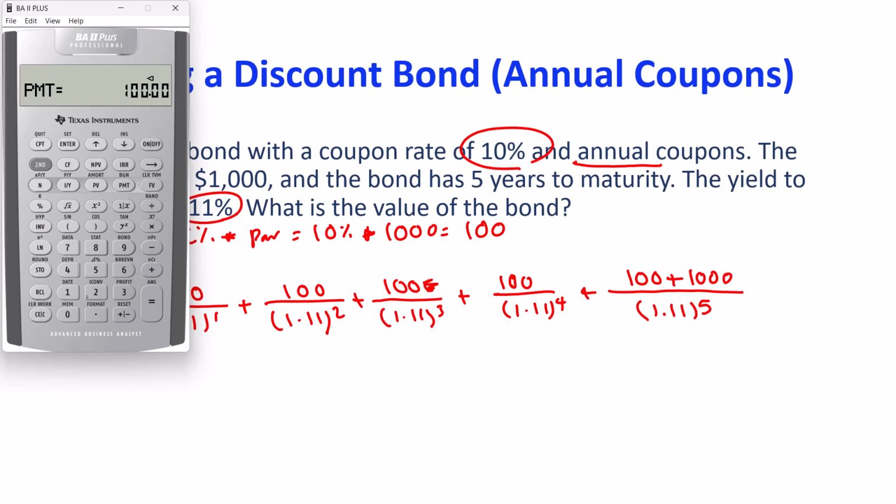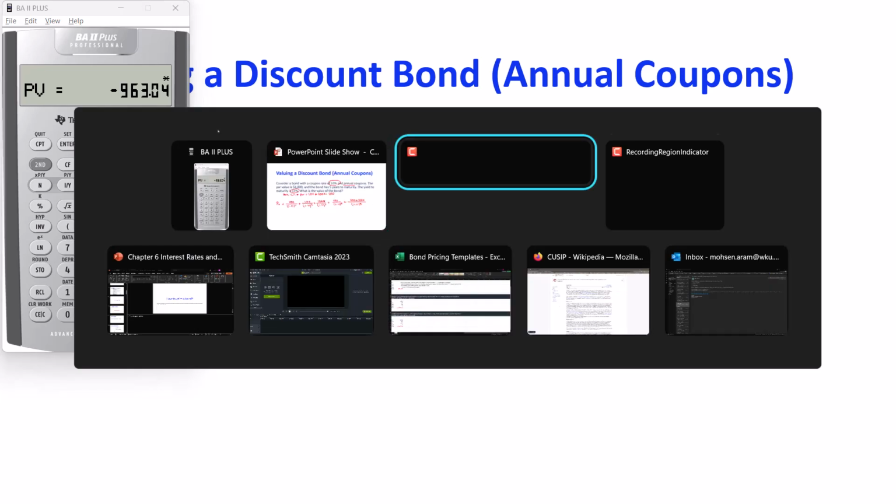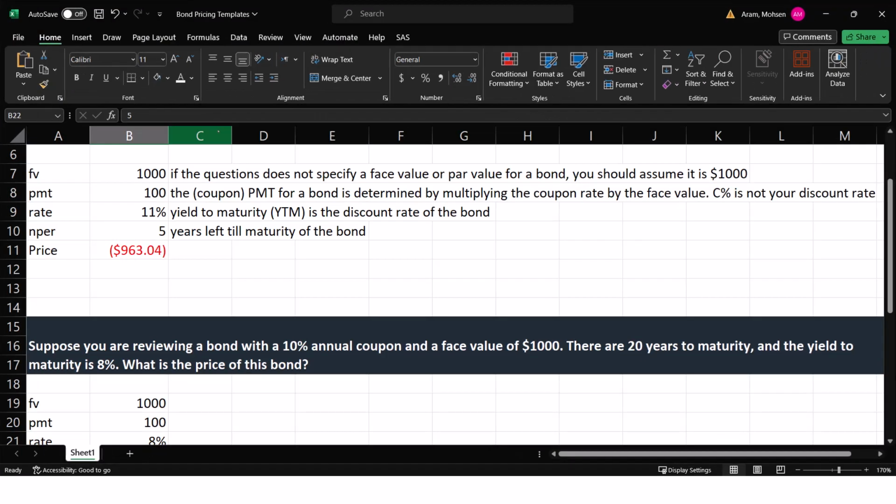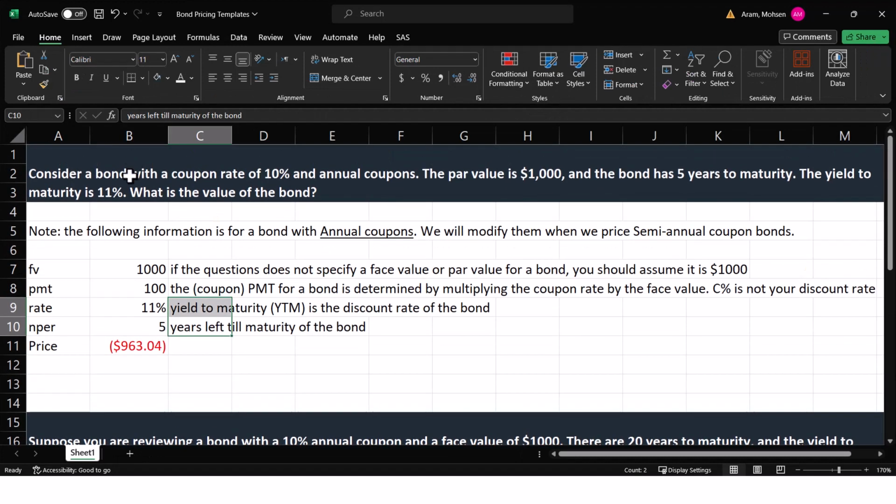And we have 5 years to maturity, so N is 5, and 11% for the discount rate. We can compute the present value. So we have $963.04. Let's just do this in Excel as well. Same problem here. Face value is 1,000. Payment is 100. Your rate is the same as your yield to maturity. Your discount rate is 11%, and the number of periods is 5.